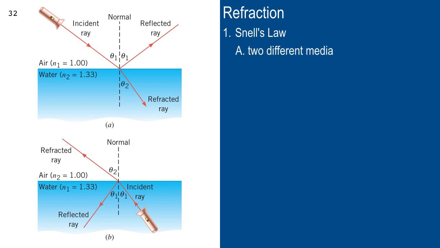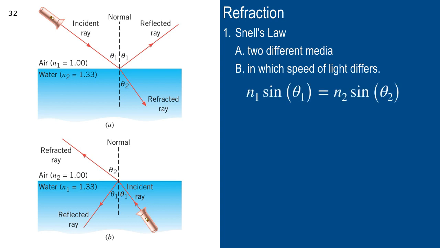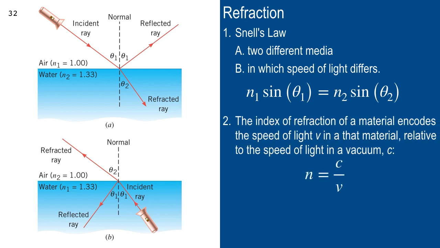So here we go. Snell's law is used when you have two different media in which the speed of light differs. The index of refraction, n, is what encodes the speed of light. n is equal to c over v, v being the speed of light in that material medium.